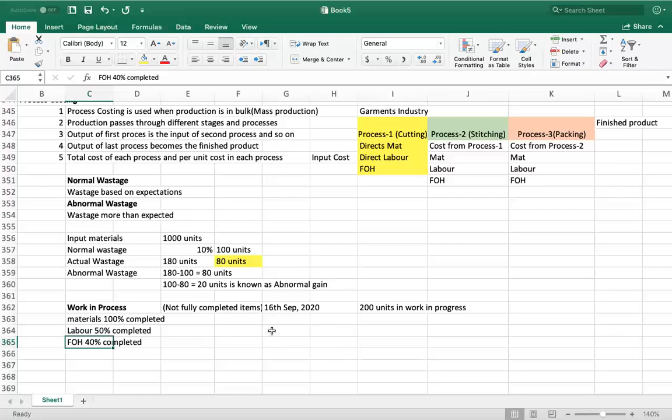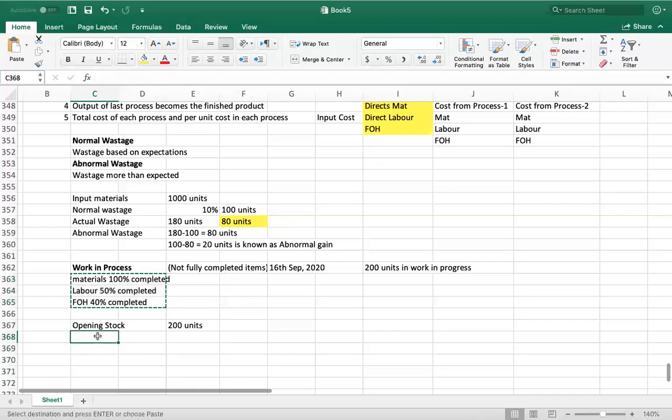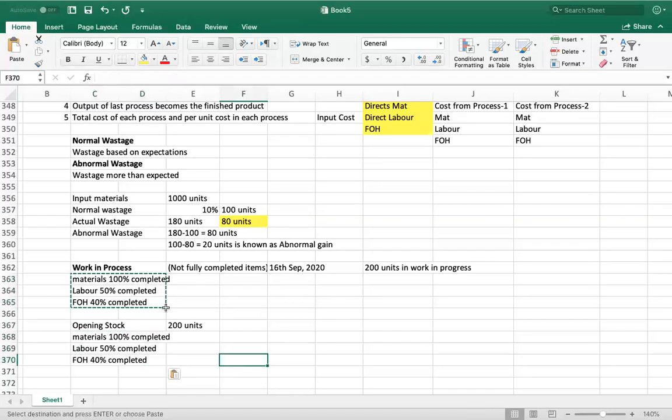So if closing stock is given, it means next day we will take the remaining. But if it is opening stock, for example, this closing stock will become opening stock. Opening stock now is how many units? Same amount, 200 units. So their stage of completion is given like this.